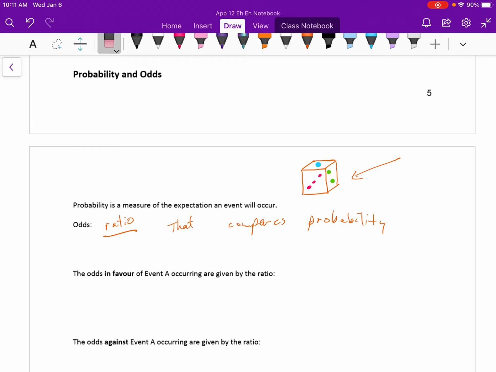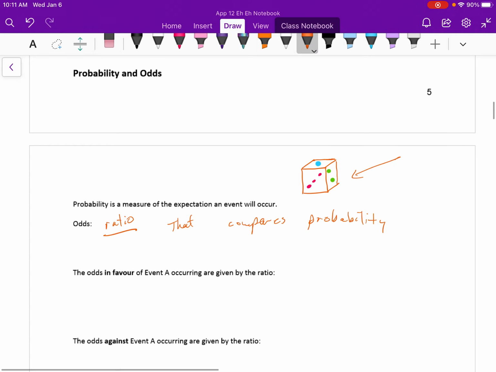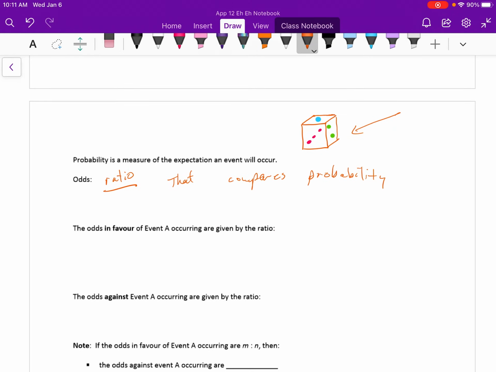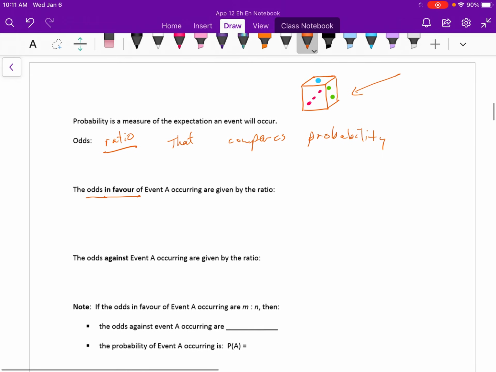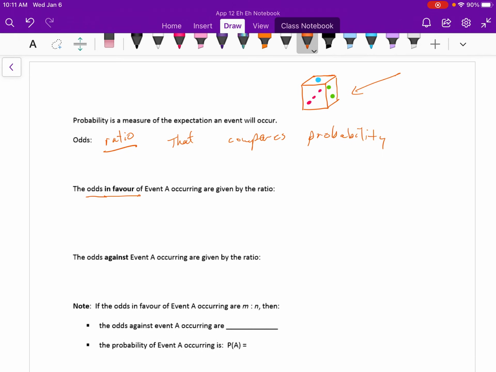I'm going to use this die to help me out a bit. The odds in favor of event A occurring are given by the ratio. So we're going to express it as a ratio.